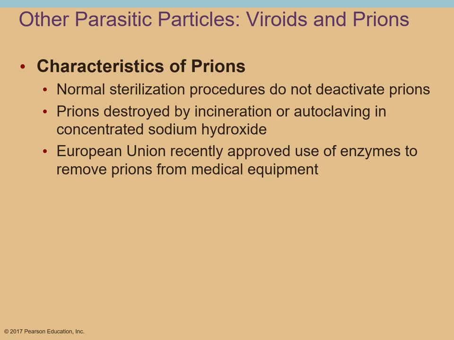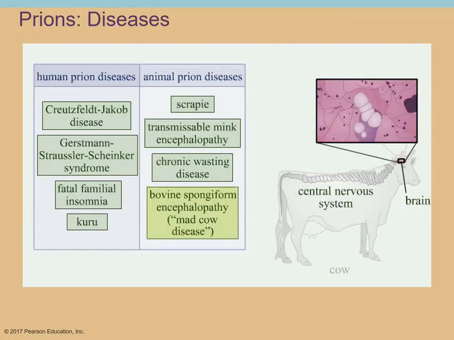They are destroyed by autoclaving if you put them in concentrated sodium hydroxide or by incineration. So this is showing some of the various human diseases as well as some of the animal diseases that are caused by prions. And as I said, this is a huge area of research right now, trying to find a way of treating and preventing this.